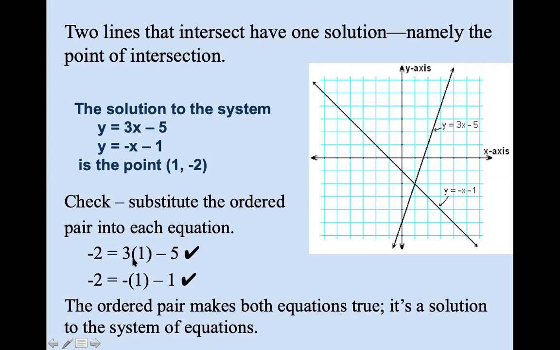Well, let's see, 3 times 1 is 3. 3 minus 5 is negative 2, so it works in the first equation. If I plug in negative 2 for y and positive 1 for x in the second equation, I get negative 1 minus 1, which is negative 2, so it works in both. So the ordered pair makes both equations true, which means it's a solution to the system of equations.